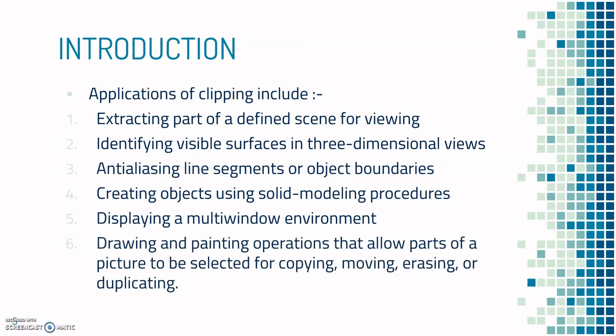The last application is drawing and painting operations that allow parts of a picture to be selected for copying, moving, erasing, or duplicating. For the viewing transformation, we want to display only those picture parts that are within the window area. Everything outside the window is discarded.